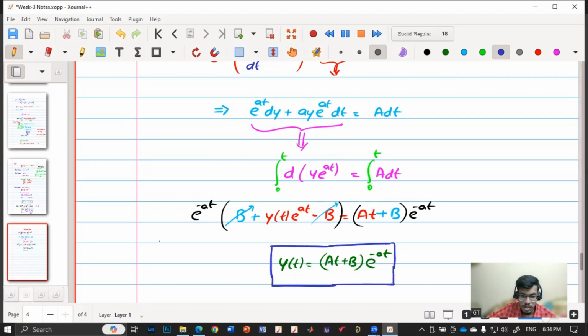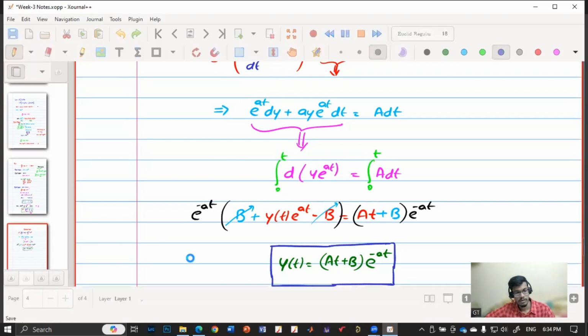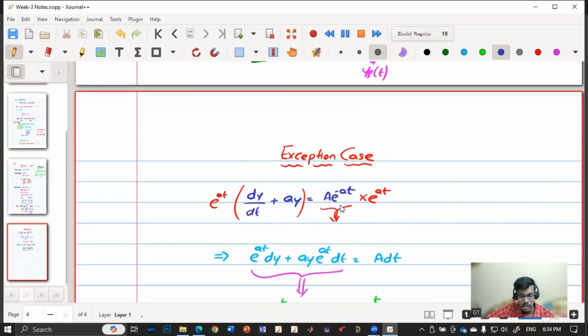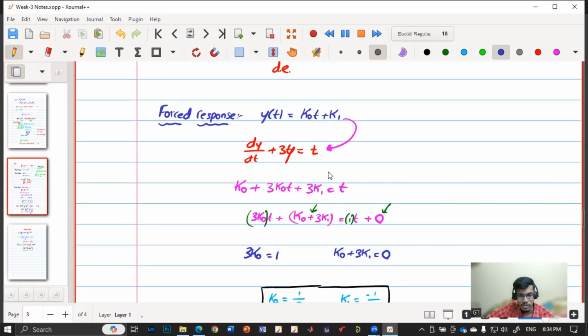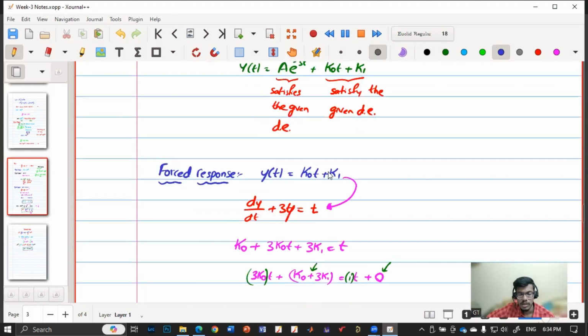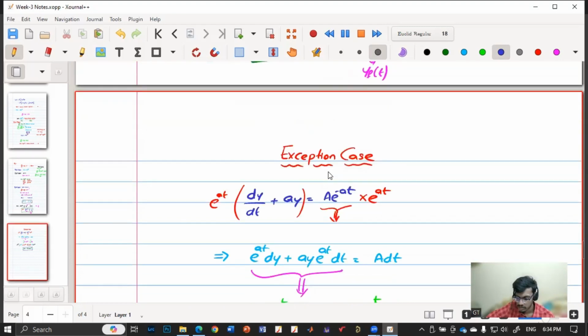So this needs to be remembered. In a first order linear differential equation, if we have this kind of input or excitation, then whatever rule or procedure we have followed previously will not work, and that's why this is an exception case, and we need to be careful with this, because you will not get the actual answer.